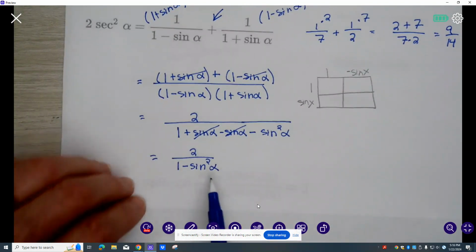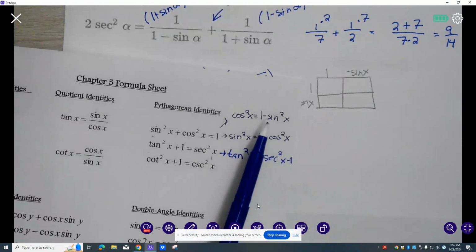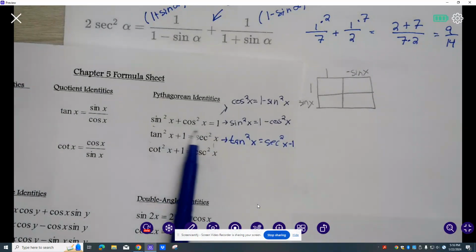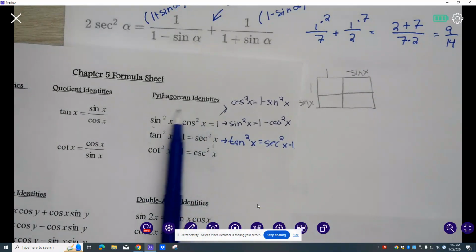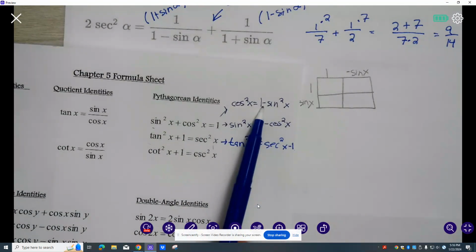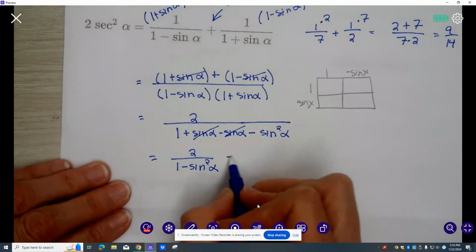Okay, now your brain should be going, oh, 1 minus sine squared of x. That's a Pythagorean identity. Right here, we wrote 1 minus sine squared of x. We took this identity and subtracted the sine squared from both sides, and we said, oh, 1 minus sine squared of x is equal to cosine squared of x. All right, now we're getting somewhere.